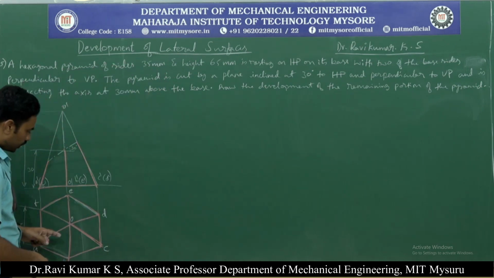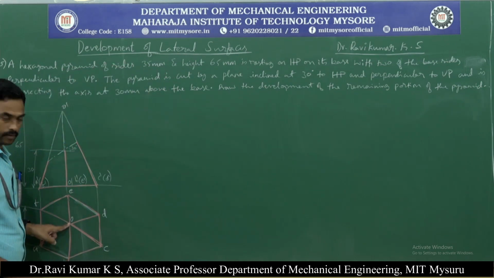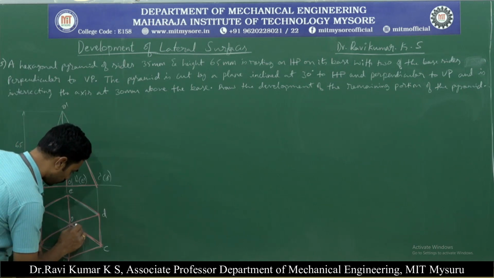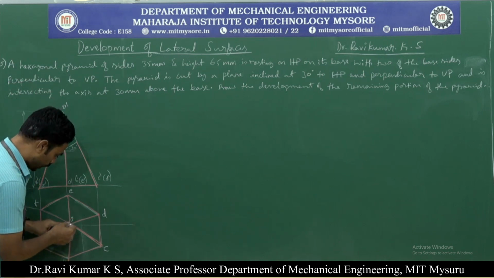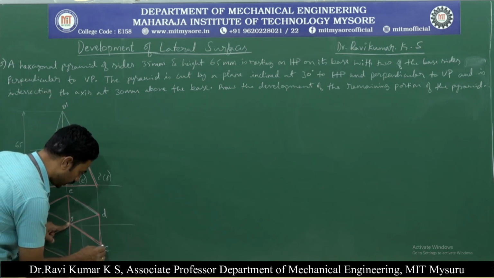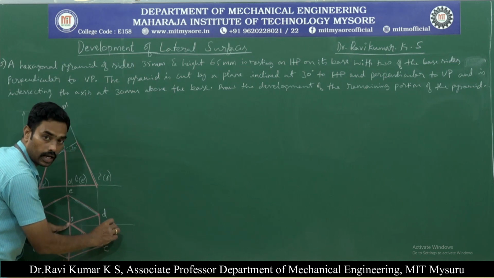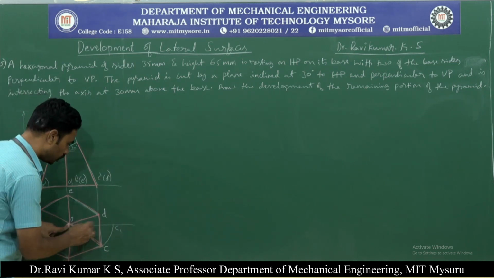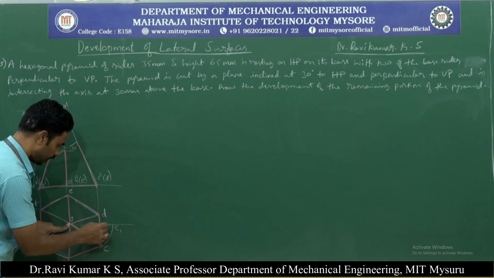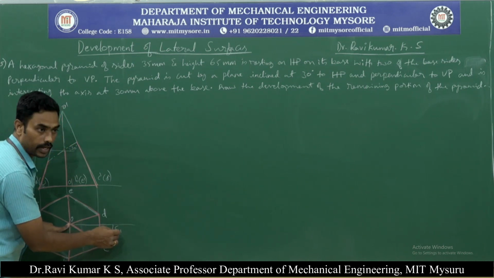So now we will take up OC. I will just draw a horizontal line for reference. I am going to rotate this OC and make it parallel here. This is C1. So OC1 is appearing parallel.